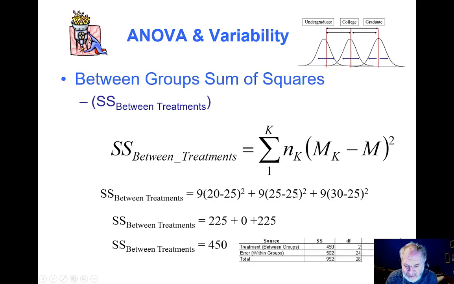In this case, 25 minus 25 squared is 0. Then finally, I take the grad students, 30 minus 25, which is 5, square it, which is 25, multiply it by the 9 students in the group, and that gives me 225. So I sum the between treatments, or between groups, sum of squares for the undergrad, college, and grad. The sum of squares between groups, or between treatments, once again, those terms are used synonymously here, is 450. Okay.